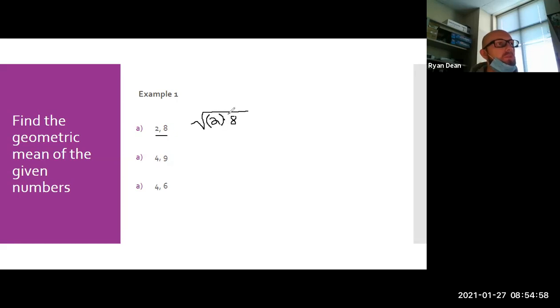The product is just multiplying. So underneath the square root, I multiply the 2 and the 8 together, and then from there it's just simplification. 2 times 8 is 16. So for this specific set, I'm taking the square root of 16.